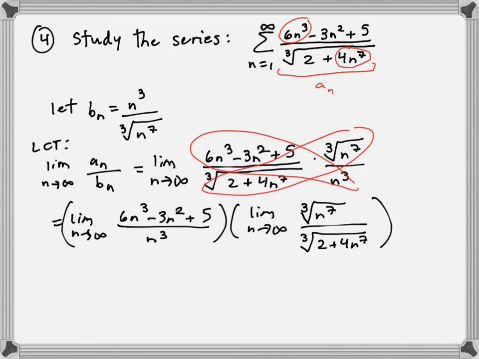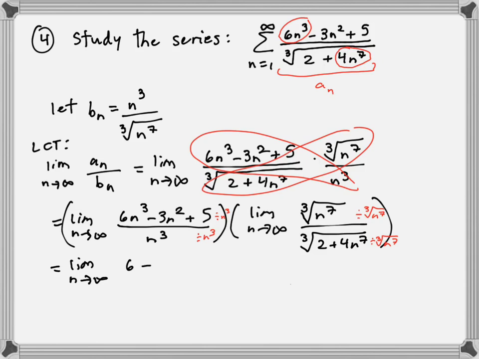Why did I do that? Because now I can do these two simpler limits, and this one I'm going to divide top and bottom by n cubed, and this one I'm going to divide top and bottom by the cube root of n to the 7th. So let me show you what we get on this first limit.